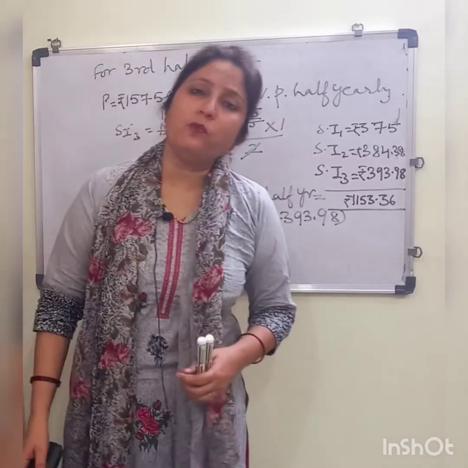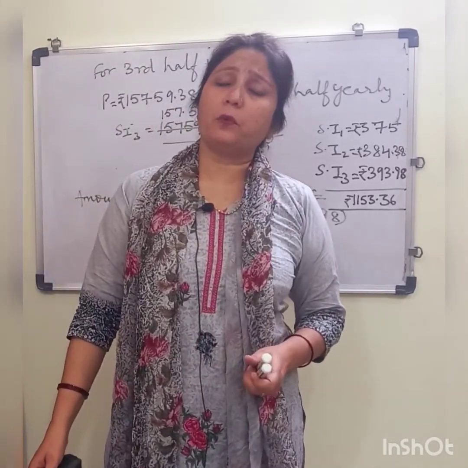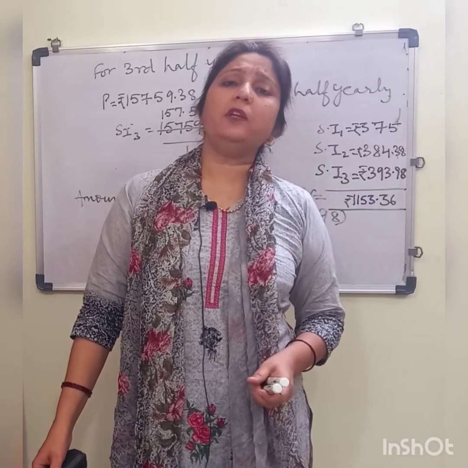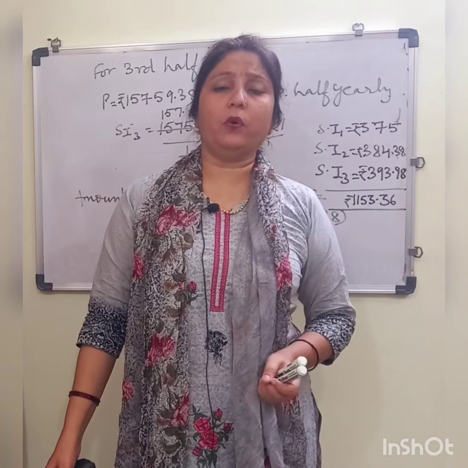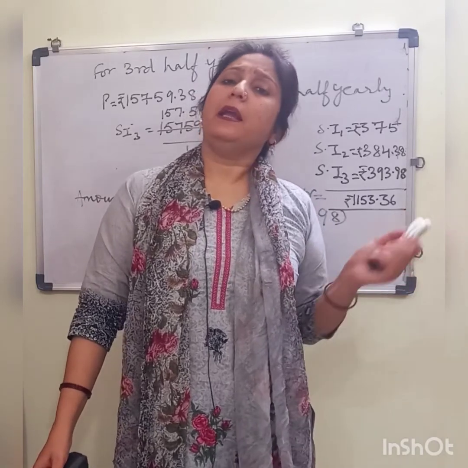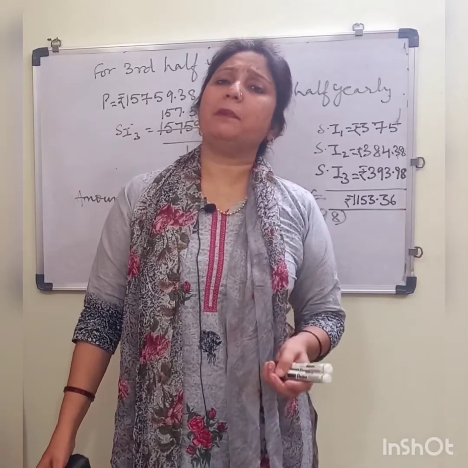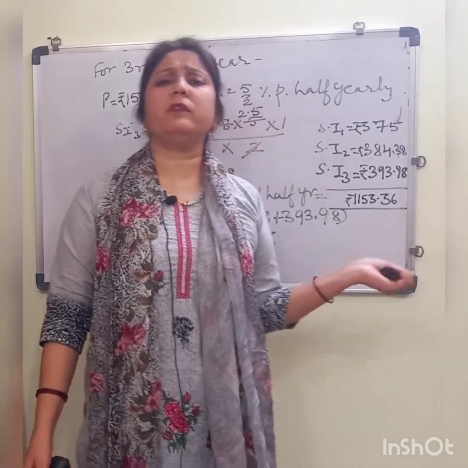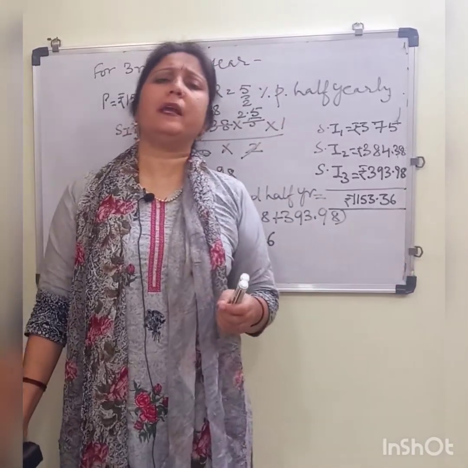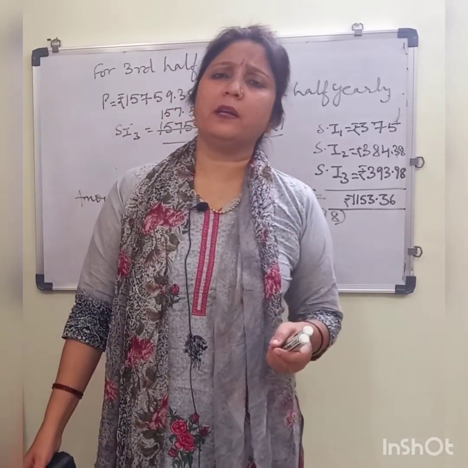Similarly, you can do for the questions of quarterly. There you have to make one change, that you divide your rate by 4, and in 1 year you know how many quarters are there? 4 quarters are there. In these types of questions, you won't get time more than 1 or 1.5 years.